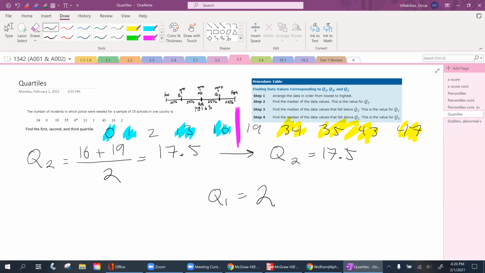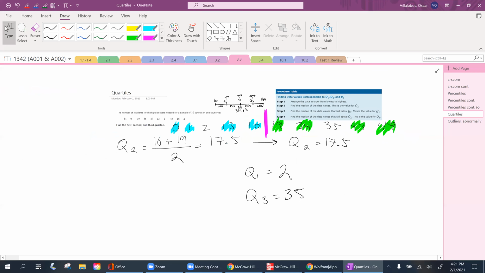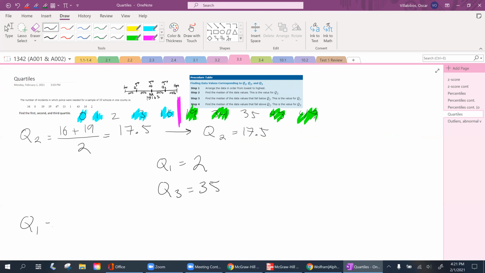I'll do the same thing for the right-hand side to find Q3. If I take the outer ones first and then focus towards the middle, I'm left with 35. So my Q3 equals 35. Meaning Q1 equals 2, Q2 equals 17.5, and Q3 equals 35. Very nice. How was that? Not so bad, right?